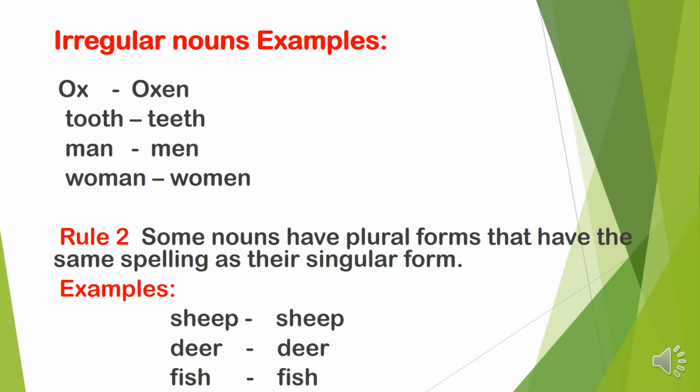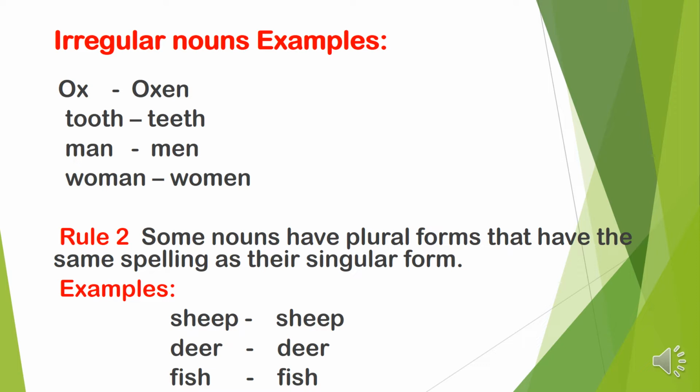We proceed to rule number two. Take note of this, my dear viewers, especially students, that some nouns have plural forms that have the same spelling as their singular form. Examples: sheep, sheep. Deer, deer. Fish, fish.